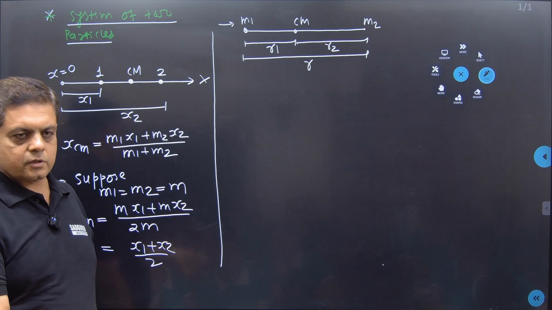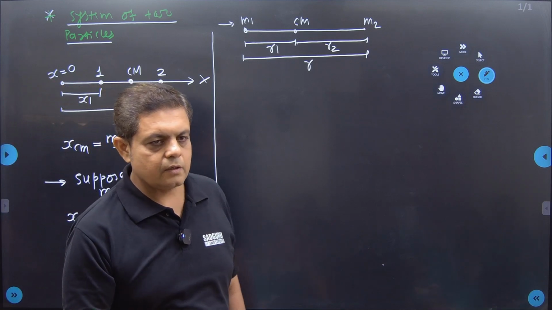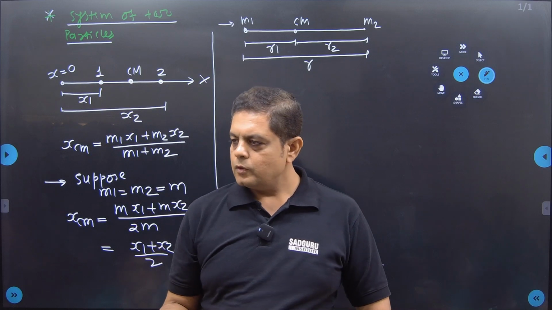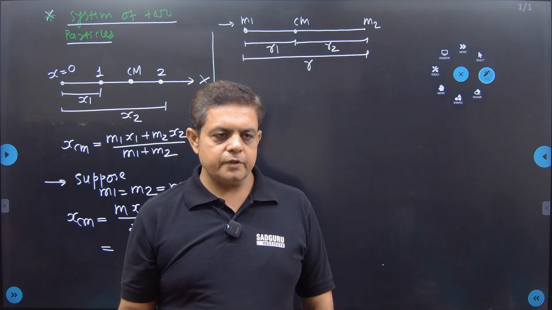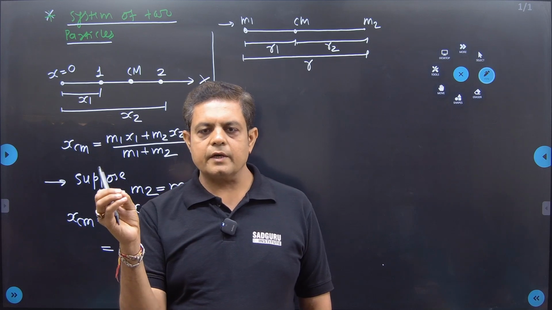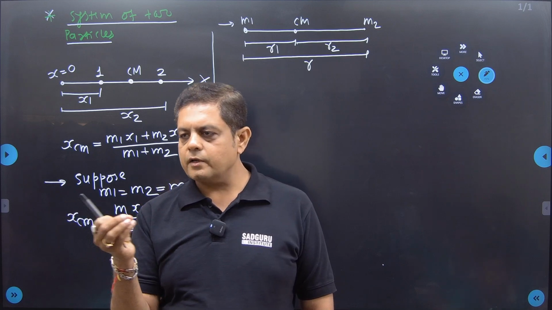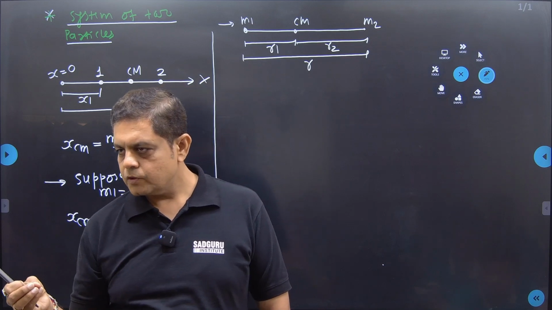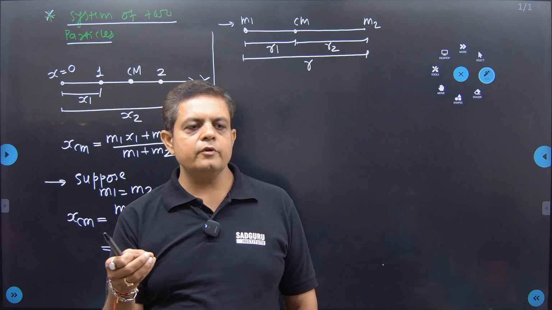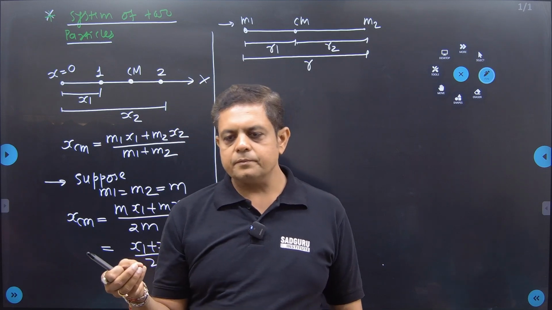Normally you will be given the mass of particle 1, the mass of particle 2 and the distance between them. For example, you are given a hydrochloric HCl molecule. If you are asked to find the center of mass of this system, in that question you will be given the mass of hydrogen, the mass of chlorine and the distance between them.